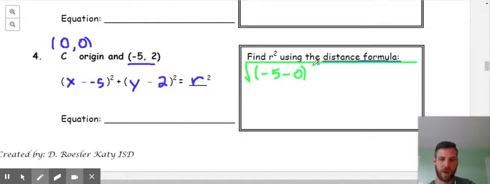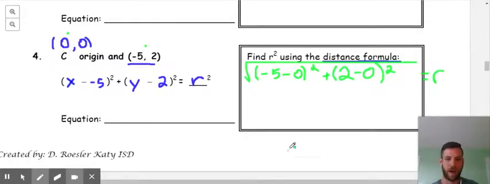And we're going to square that. And then we're going to add that to the difference between the y's. So we have to do the second y minus the first y, which is 0. And we're going to square that. And all of this is going to end up being equal to r. How far away the center 0, 0 is from our other point, -5, 2.